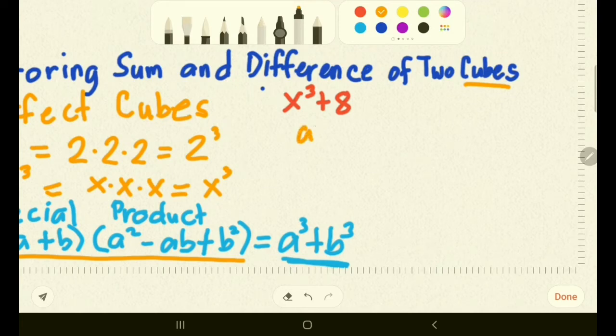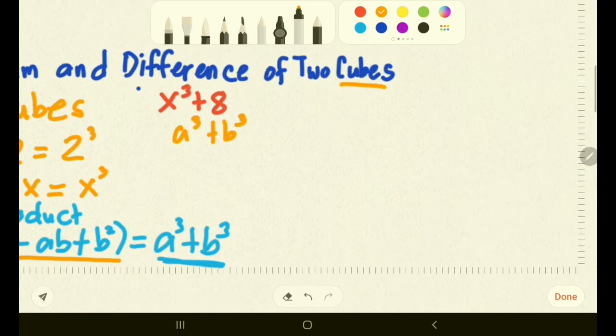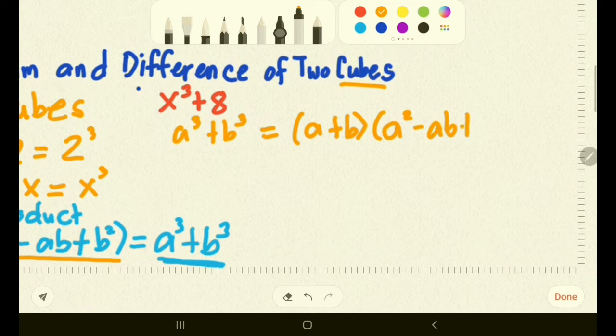Let's use the pattern. A cubed plus b cubed, their factored form is a plus b times the quantity a squared minus ab plus b squared. That's the pattern, class.